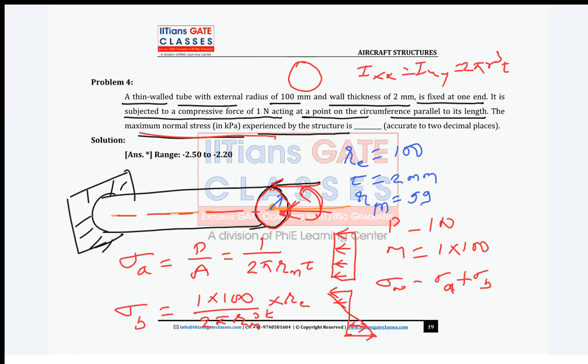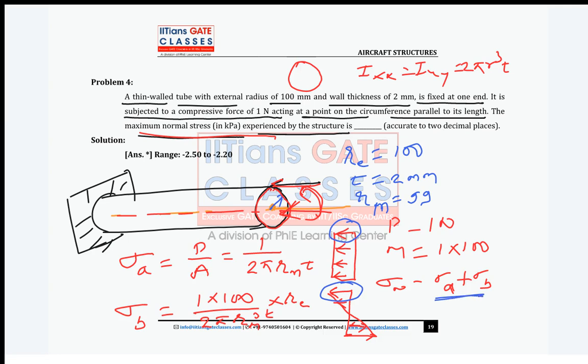Think, Mr. Amit. What is the action for this combined loading? Where is it maximum? Top. Why is it on top? Because for top, you can see in both the cases on top it is compressive, so both will get added.